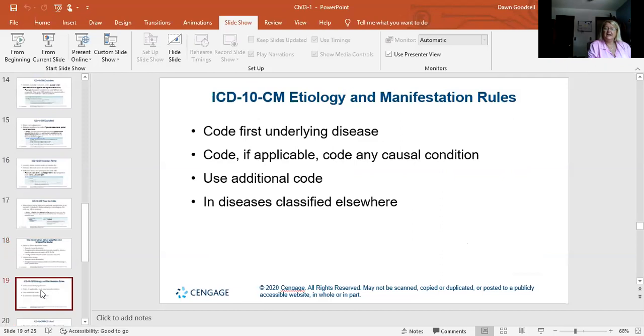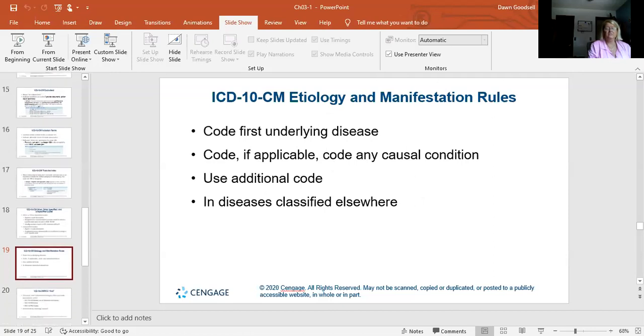Now, ICD-10 etiology and manifestations: code first the underlying disease, code if applicable any causal conditions, use additional codes for diseases classified elsewhere. Manifestation basically means that you had this and it caused this; this manifested because of this. A lot of times you're going to see it in meningitis. You can also see it in diabetes, where it'll manifest as something else.